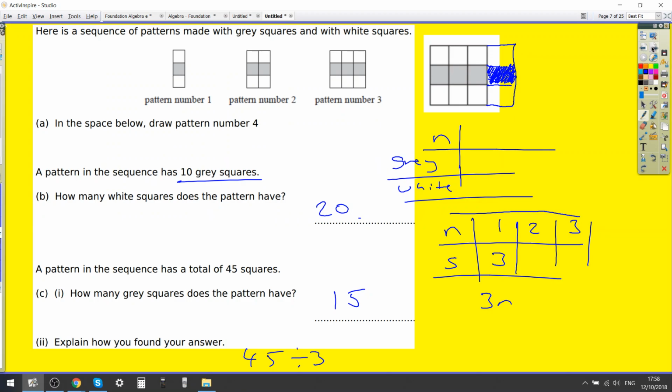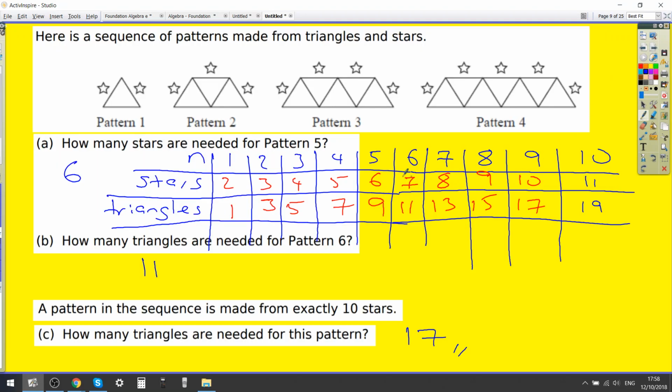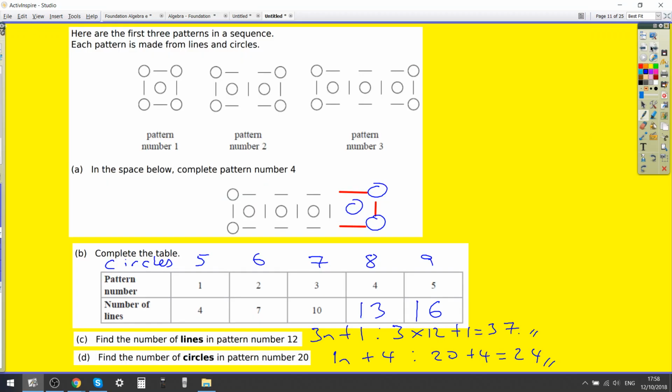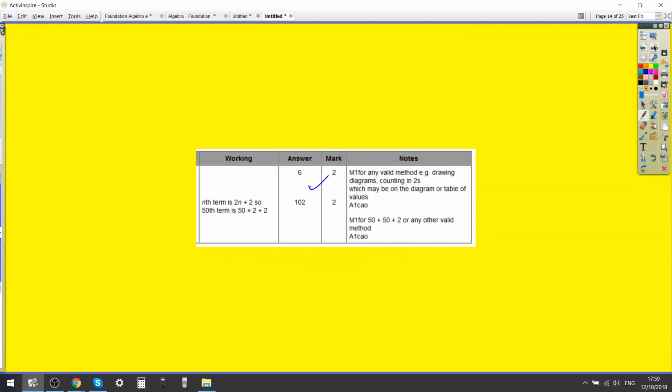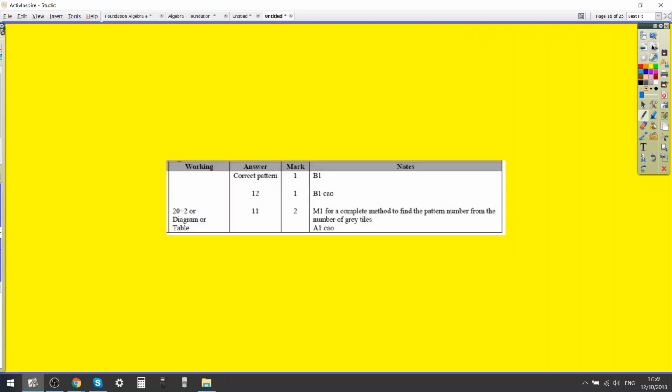And then for, let's see, these, sometimes you have to make a table for everything and then use that to compare. So here we made a table for all 3 and just kept going until we got it. I think that was the easiest way. So we use that pattern number.